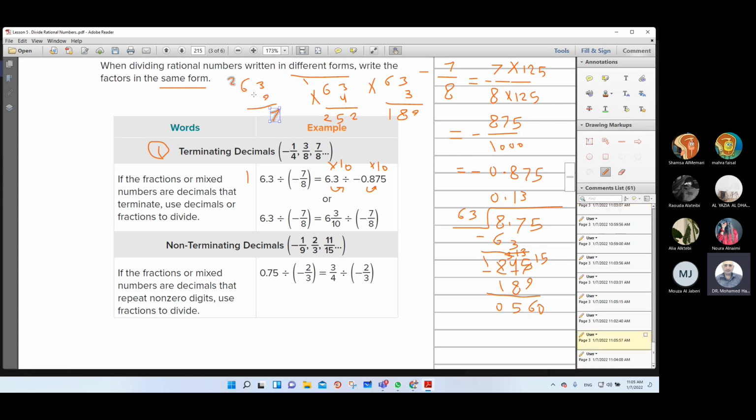And 9 times 6, 54, plus 2, 56. So this is greater than this number, so not suitable. So try 8.